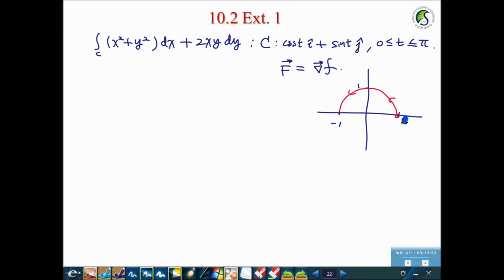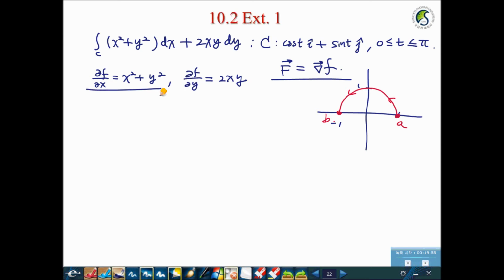So that's the starting point, that's the ending point. We are getting the line integral of that. From that relationship, df over dx is x squared plus y squared, and df over dy is 2xy.